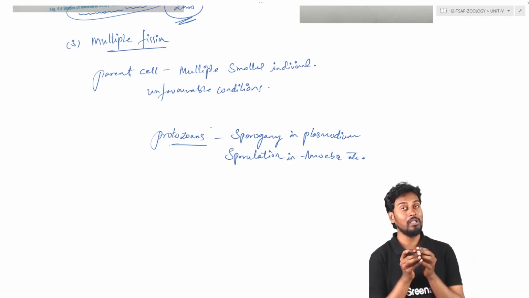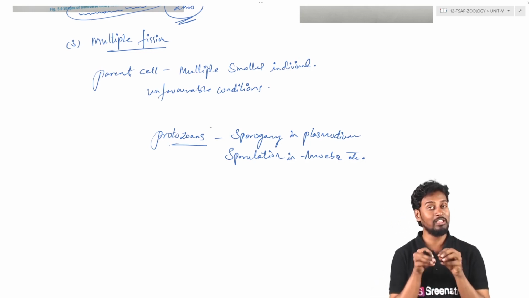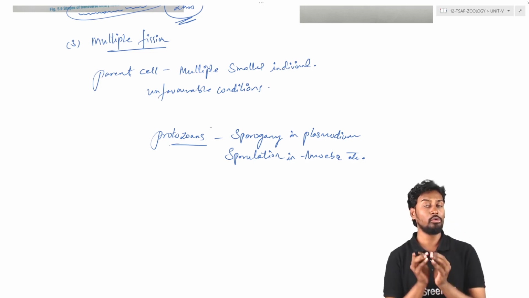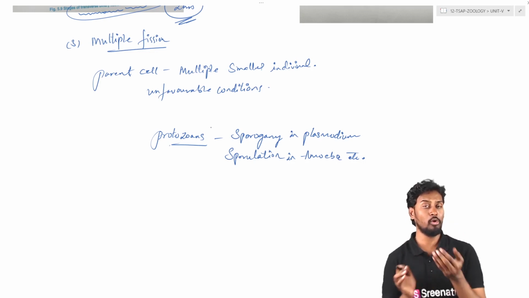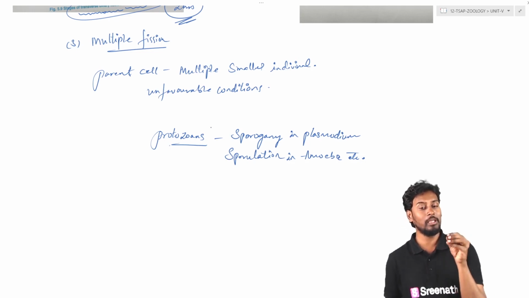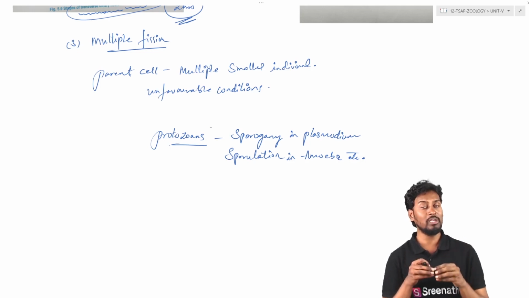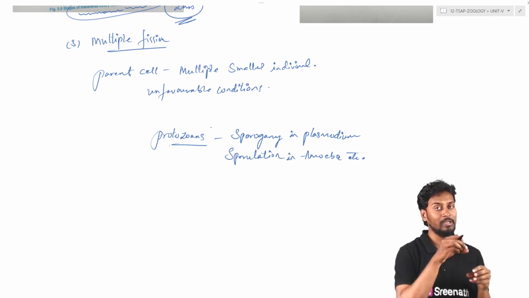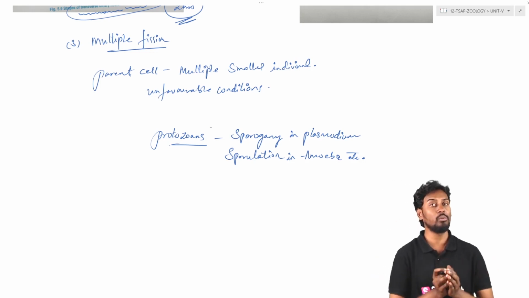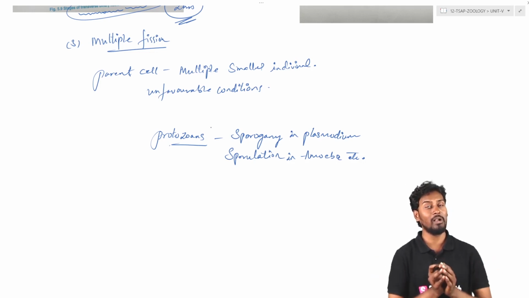These multiple nuclei present within the parental cell are covered in a proper cytoplasm. Then, when a trigger point comes, these multiple nuclei, when they are surrounded with minute and multiple cytoplasm, will split into multiple cells.